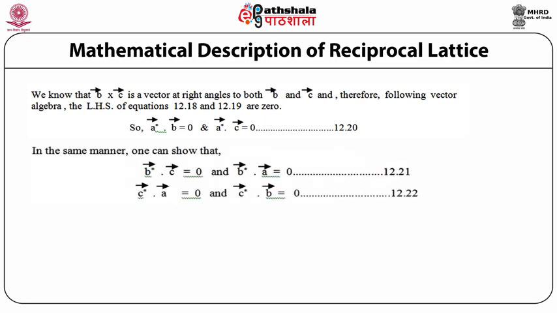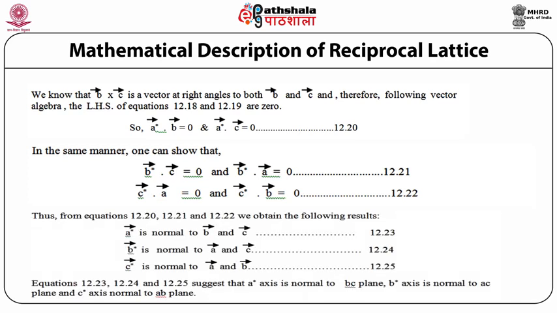In the same manner, one can show that B star vector dot C vector is equal to 0 and B star vector dot A vector is equal to 0, which is put as equation 12.21. C star vector dot A vector is equal to 0 and C star vector dot B vector is equal to 0, which is equation 12.22.